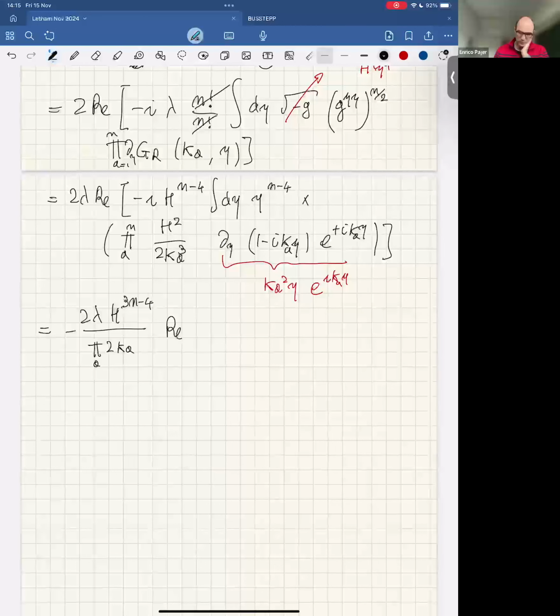And then I'm left with the real part of this integral, minus I, integral in dη from minus infinity to 0.